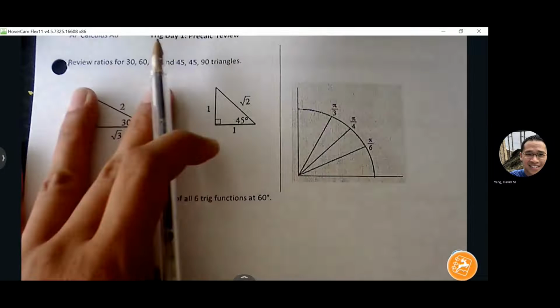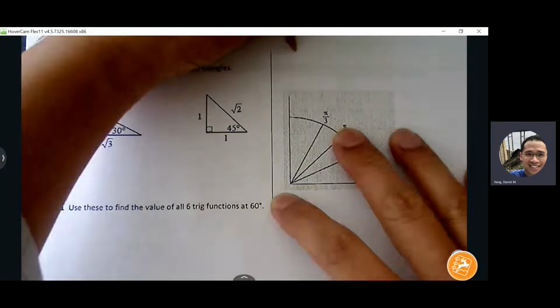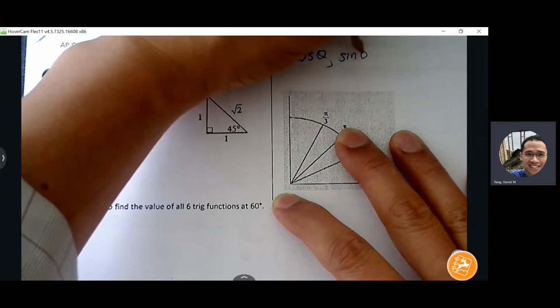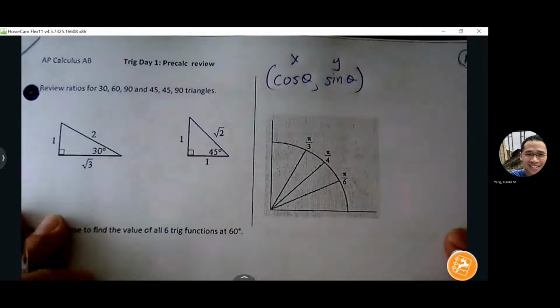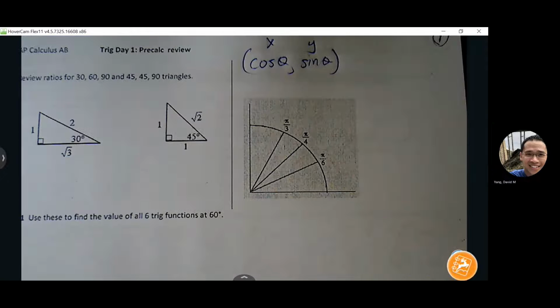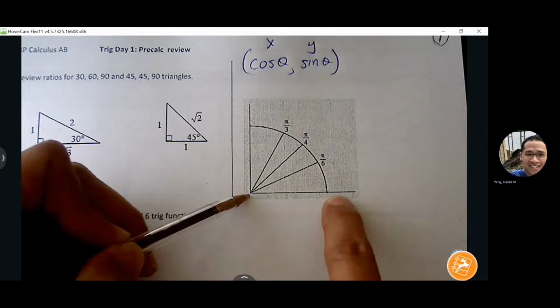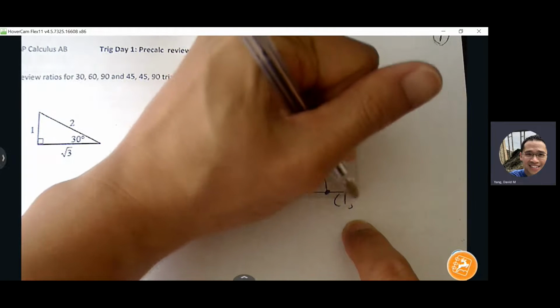So, unit circle values. Think of these as ordered pairs. You want to think of cosine as your x value and sine as your y value. The easiest ordered pairs are the ones directly on the axis. This is 1 unit away, so my ordered pair is (1, 0).